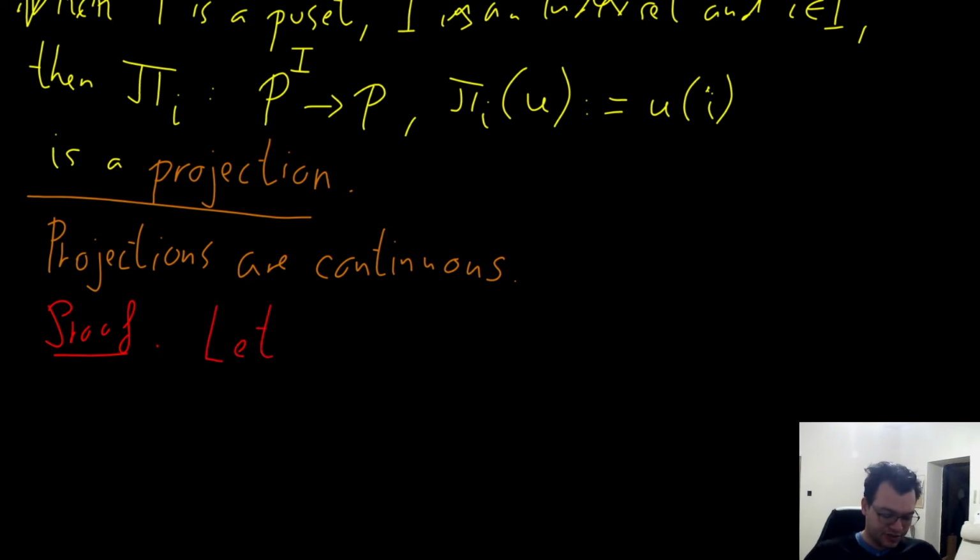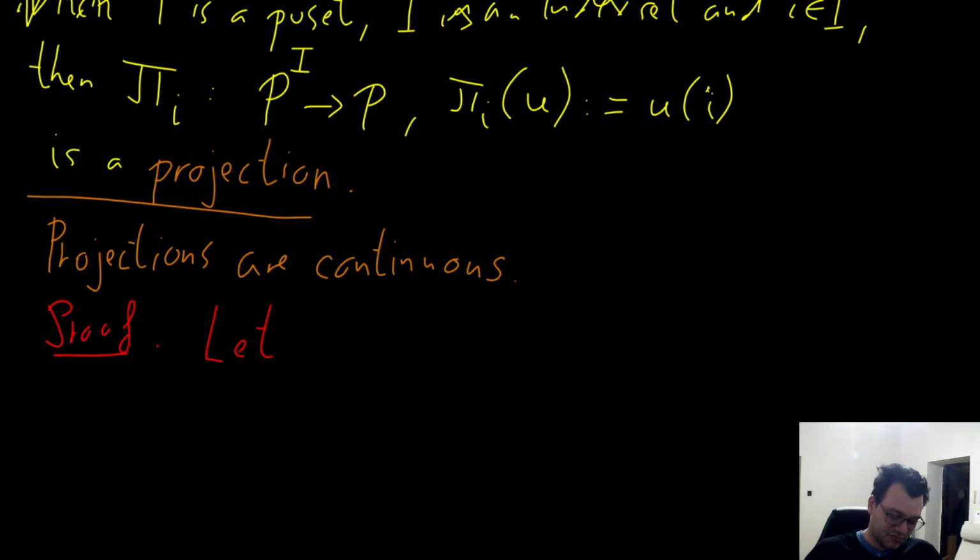So for being continuous, I should just start from a subset of p to the I, a chain having a supremum, and prove that the function application operator and the supremum operator can be swapped.